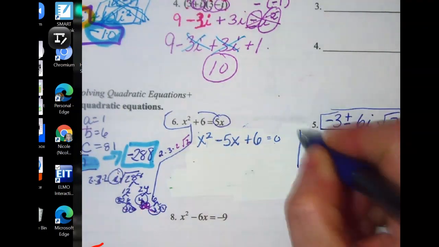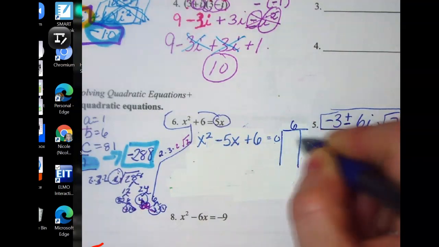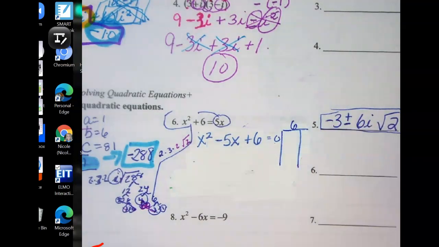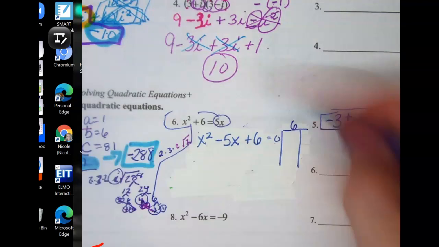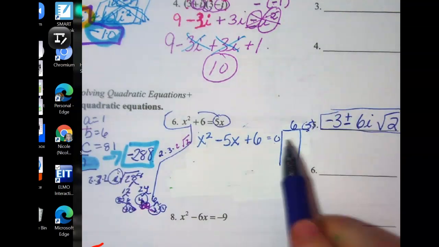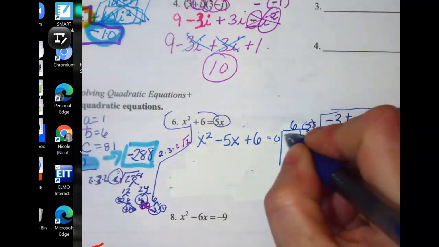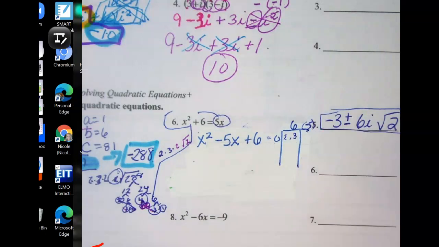So if I look over here again, I want to factor what 2 numbers, when you multiply, are going to give me a +6, and then when you add them, you get a -5, okay? So I'm going to start with 2 and 3.